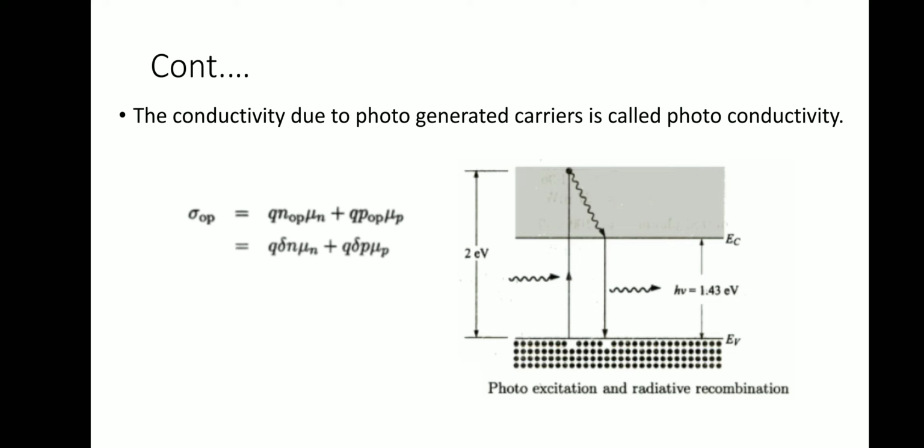Or we can say that the excess carriers generated are represented as delta n and delta p.